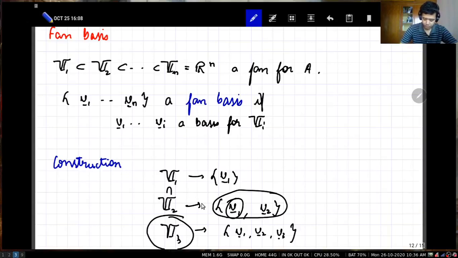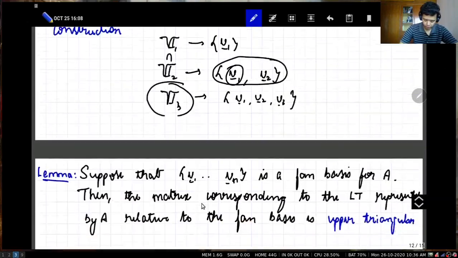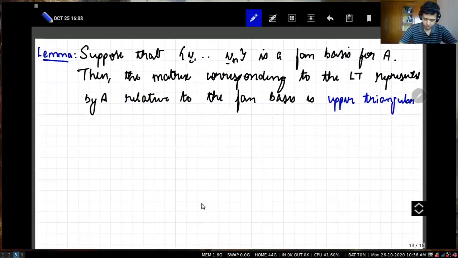Okay, so the nice property of a fan basis is that the matrix of the linear transformation relative to the fan basis is always an upper triangular matrix. So if v1, v2 up to vn is a fan basis for A, then the linear transformation corresponding to A relative to the fan basis is an upper triangular matrix.